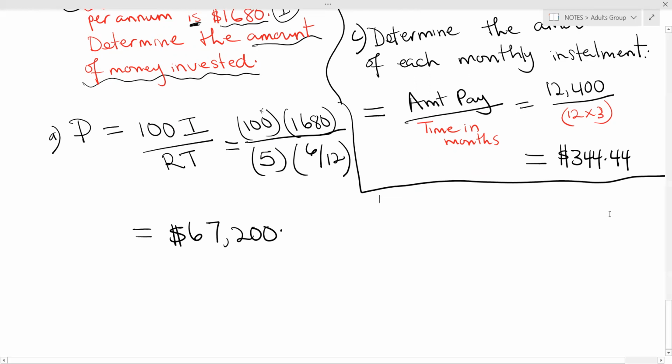So when we simplify that, you should get 67,200. Of course, don't just write down my answer. Work it out in your calculator as well. And when you have it in the bracket, this means to multiply.